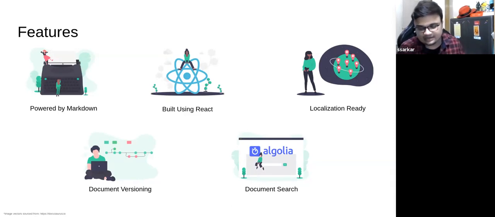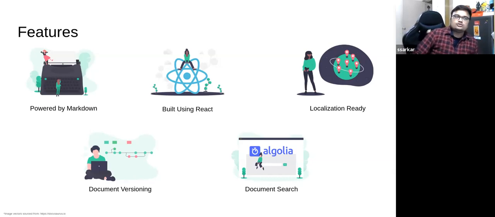Docusaurus has a very nice integration with Algolia, which is a search as a service provider, which you can use for implementing search for your own documents. All that you need to do is go to Algolia, sign up, and get your API key, deploy your application using your Algolia API key, and you can have document search then and there within your website ready.